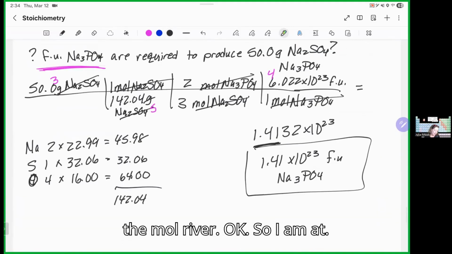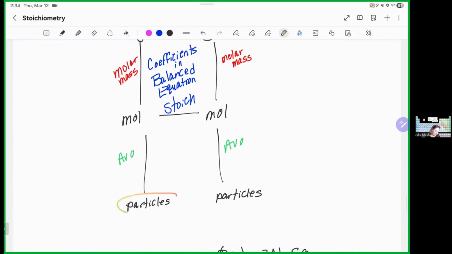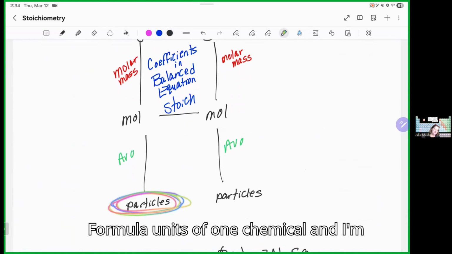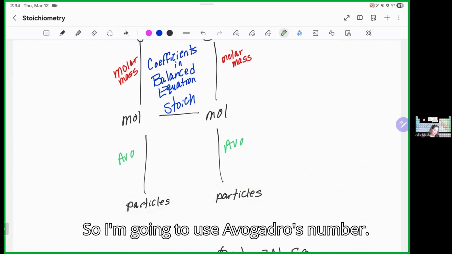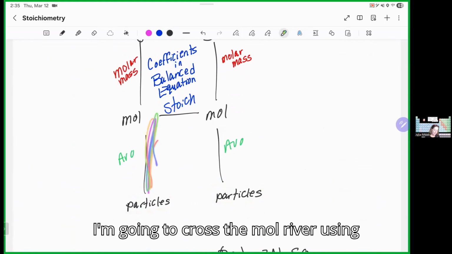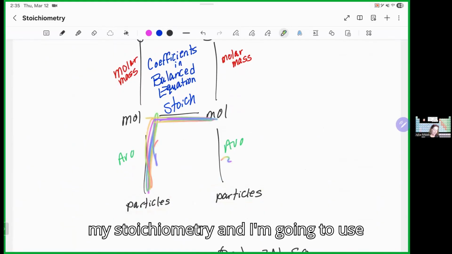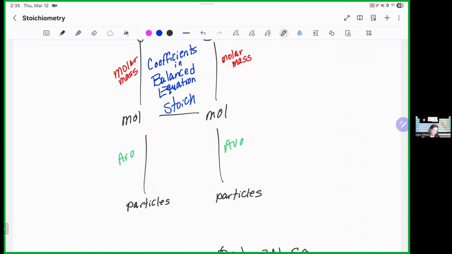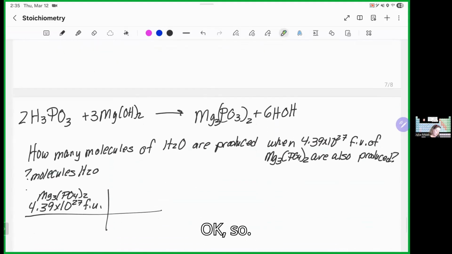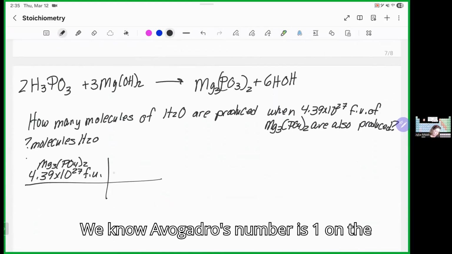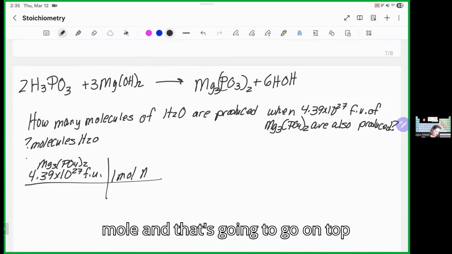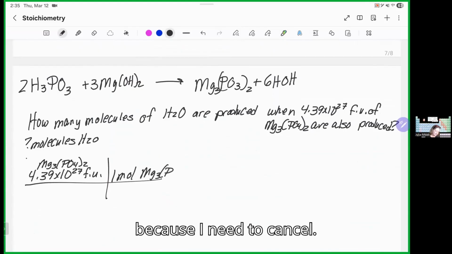Okay, so I am at formula units of one chemical, and I'm going to molecules of the other chemical. So I'm going to use Avogadro's number. I'm going to cross the Mole River using my stoichiometry, and I'm going to use Avogadro's number again. Okay, so we know Avogadro's number is 1 mole, and that's going to go on top because I need to cancel the number on the bottom.